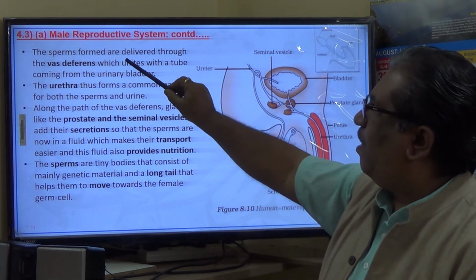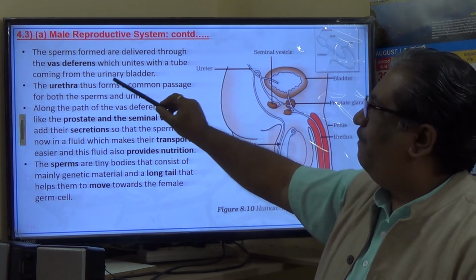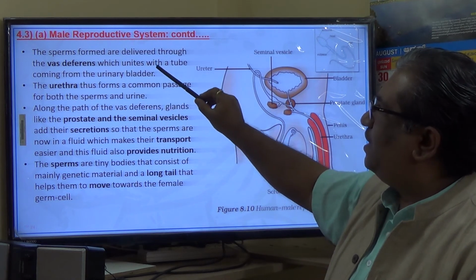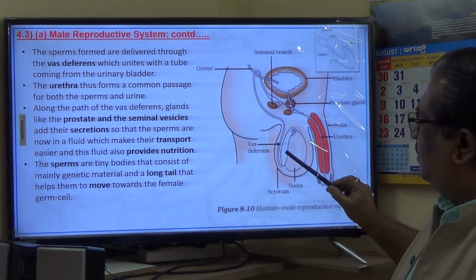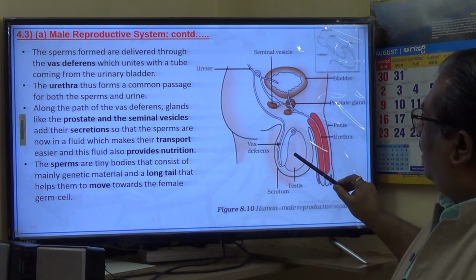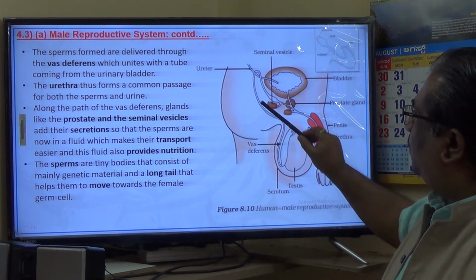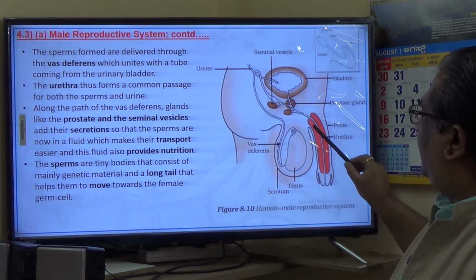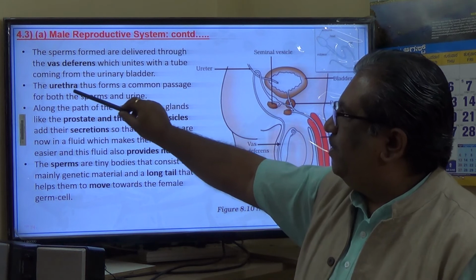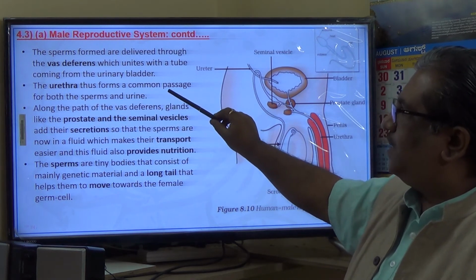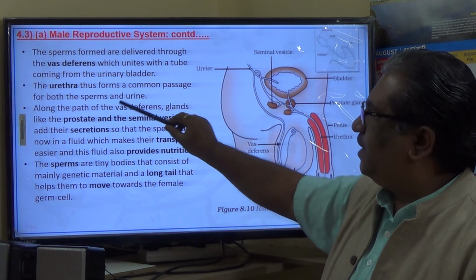The sperms formed are delivered through vas deferens, which unites with a tube coming from the urinary bladder. So testis produces the sperms, and these sperms move through the vas deferens and then end up in the urethra, which comes from the urinary bladder. The urethra thus forms a common passage for both sperms and urine.